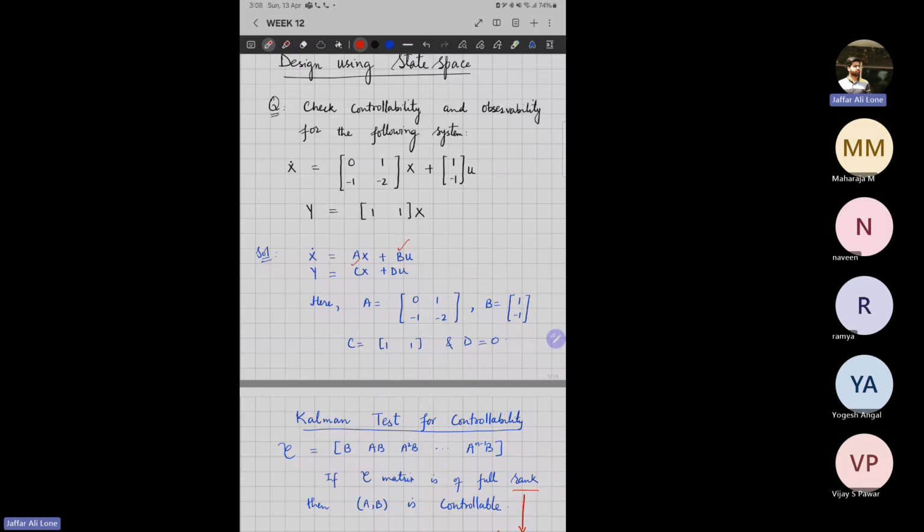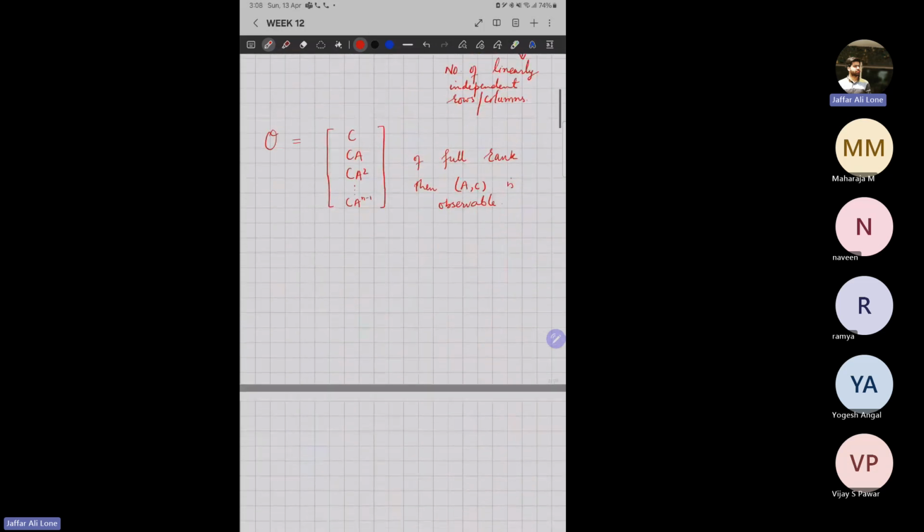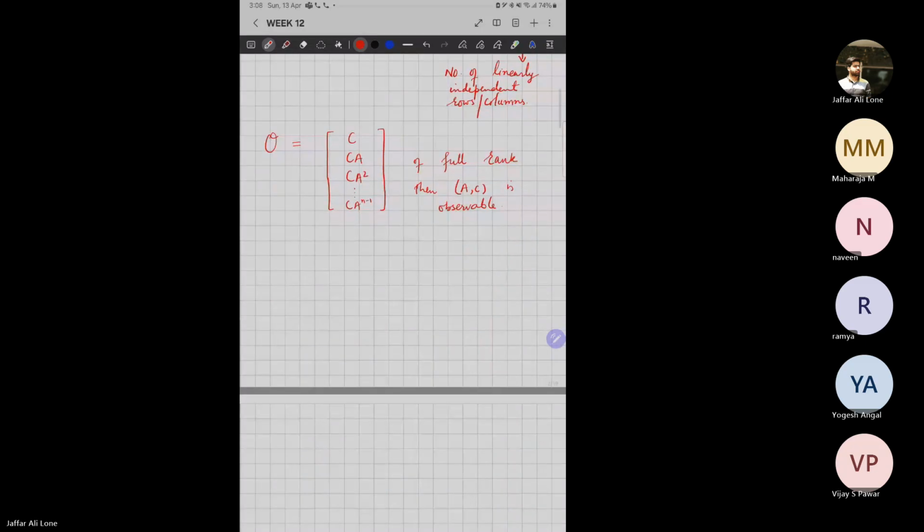Similarly, instead of saying my system is observable, I'll say my pair (A, C) is observable. You have studied these tests in detail through the slides or lectures, and here let's just focus on problems.